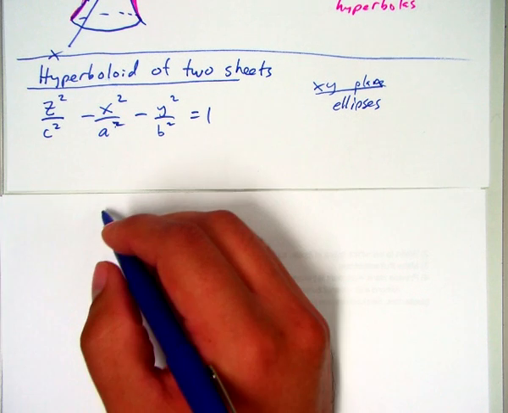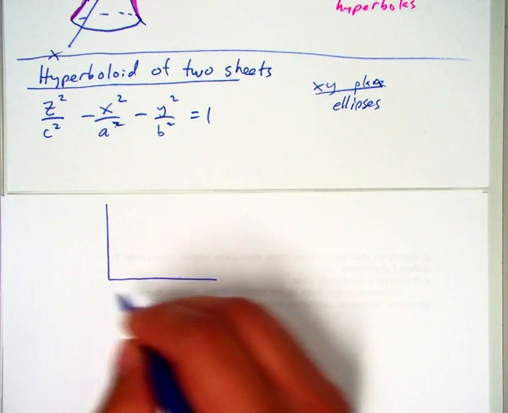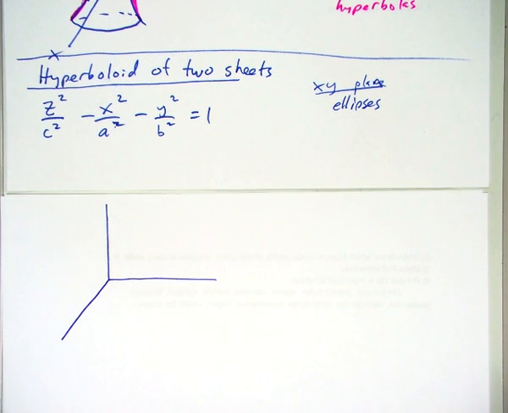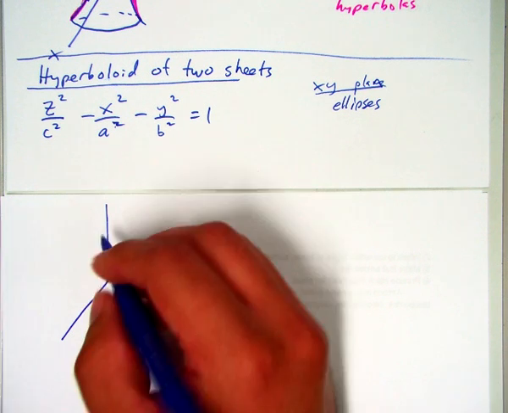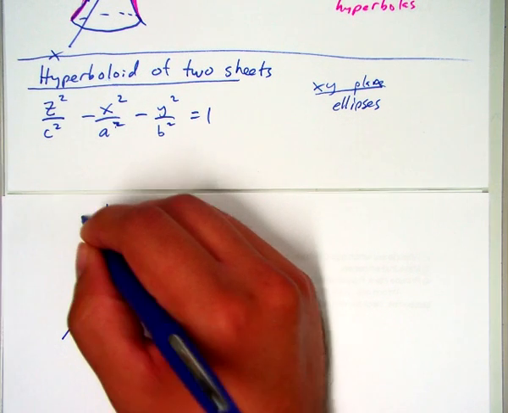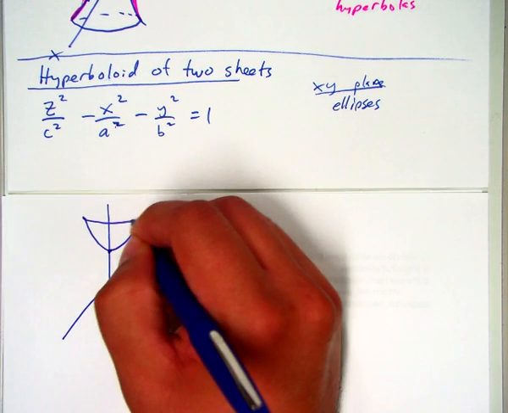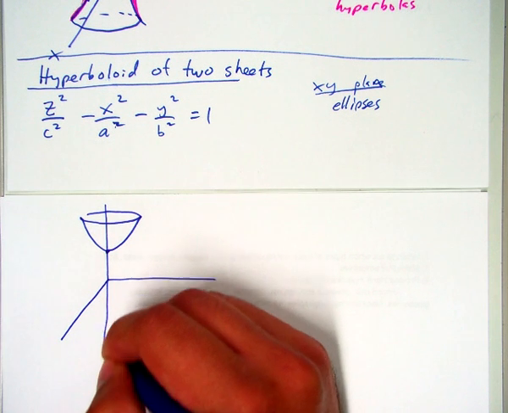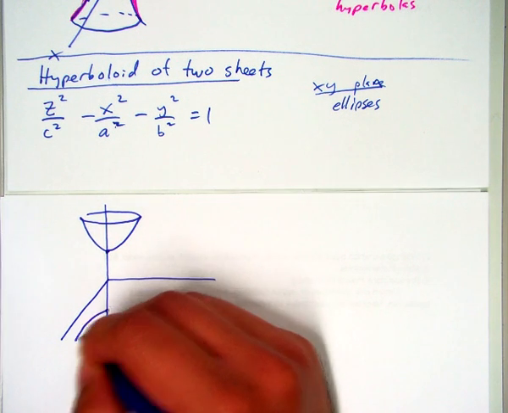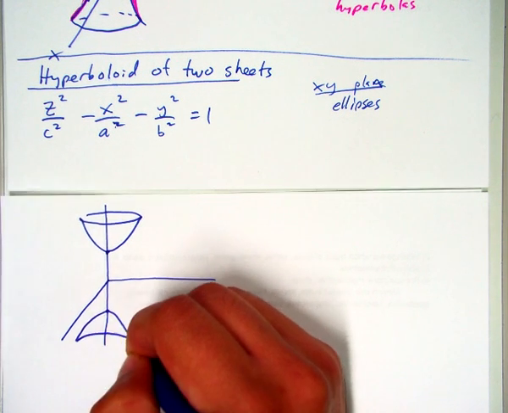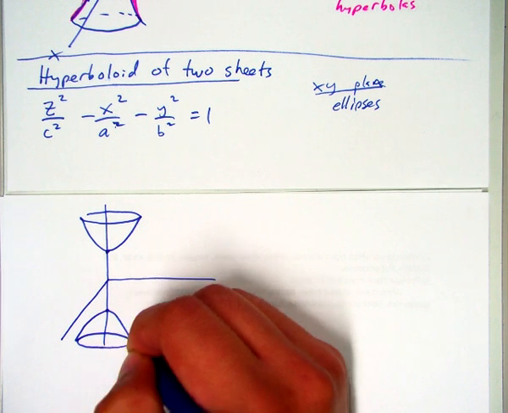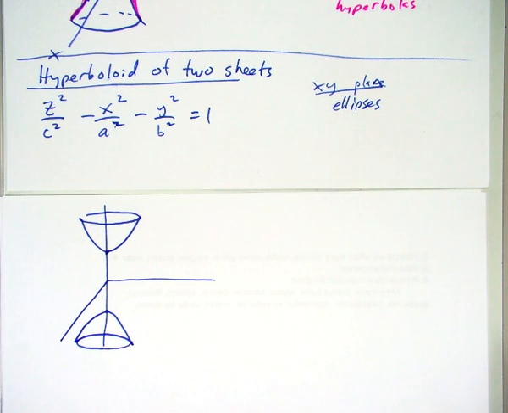So that's why we get the two sheets here. The graph's going to look something like this. So now you get a hyperboloid of two sheets.